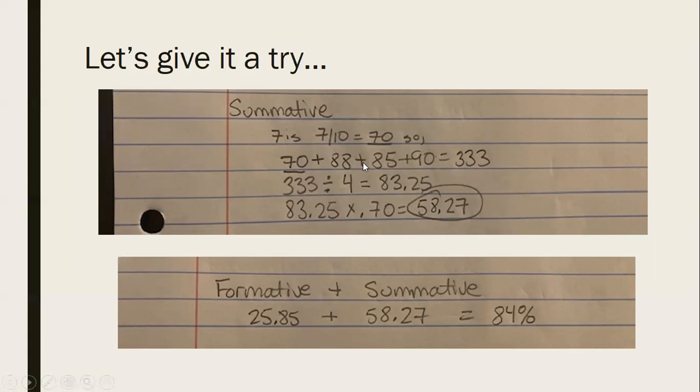So we have 70 plus 88 plus 85 and 90 is 333, divided by 4, because we have 1, 2, 3, 4 grades. 83.25 is that answer. And we multiply it by 70% because it's a summative grade, and we get 58.27. Ultimately, we have 25.85 plus 58.27, which means the student's grade is at 84%.